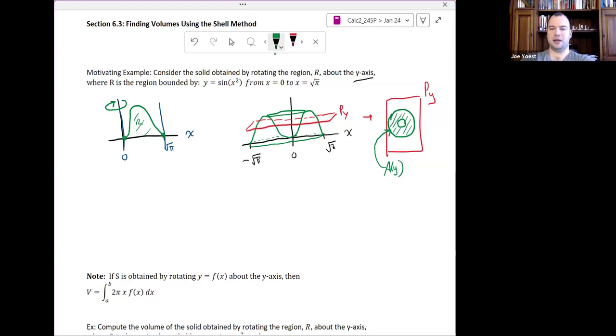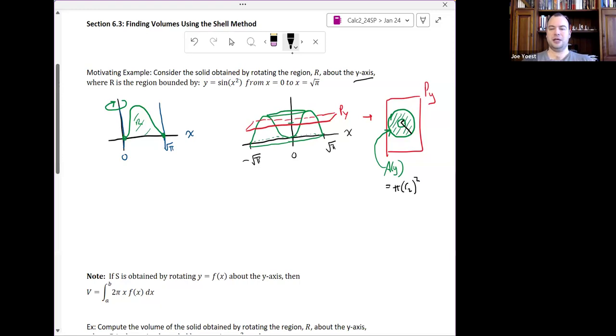So this is my area for a given height y, a given position on the y-axis where my plane is cutting through. And I see that I have two radii. I'll call them R1 and R2. So this is pi times R2 squared, pi times the bigger radius squared.